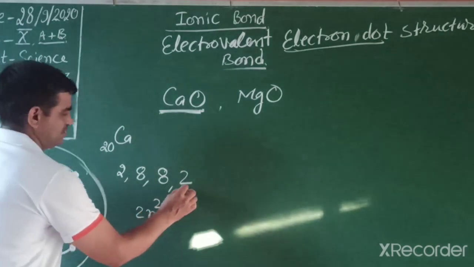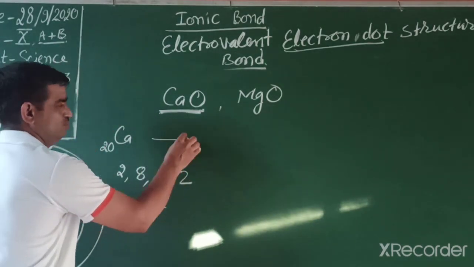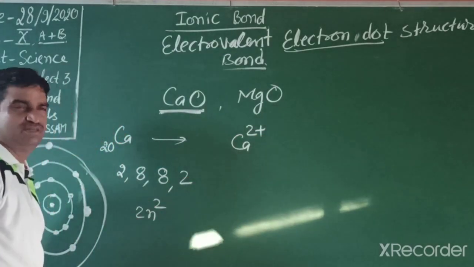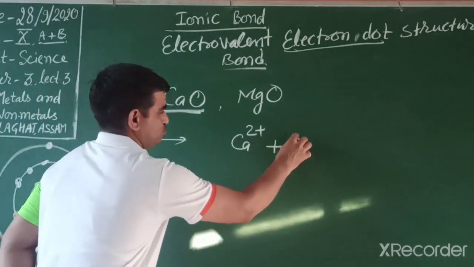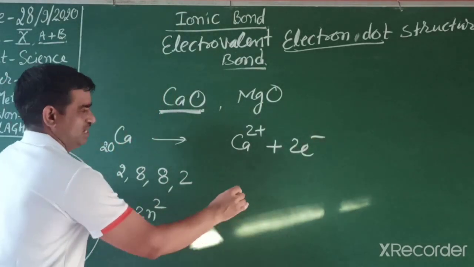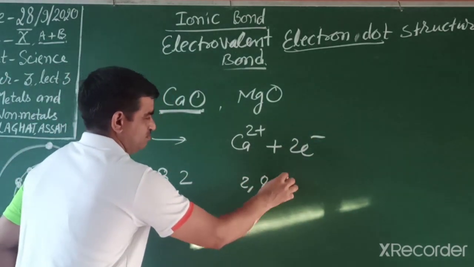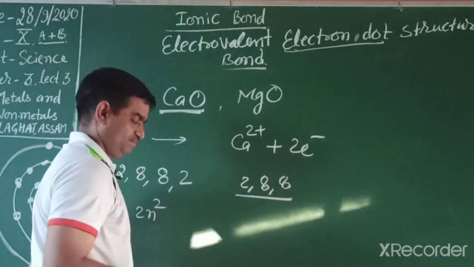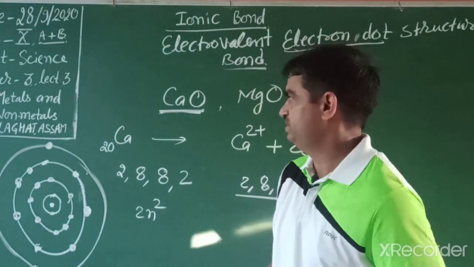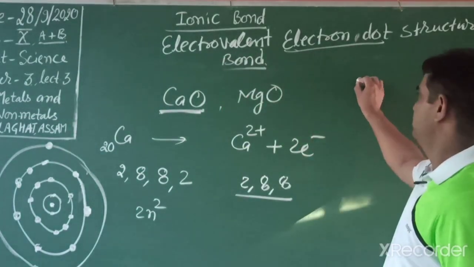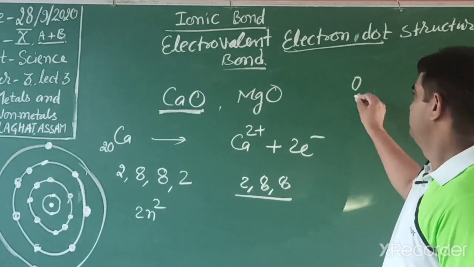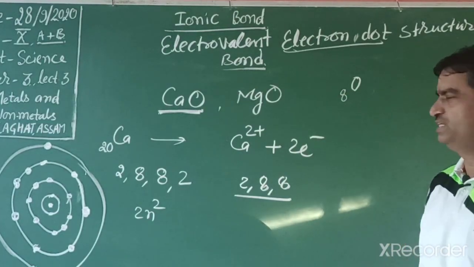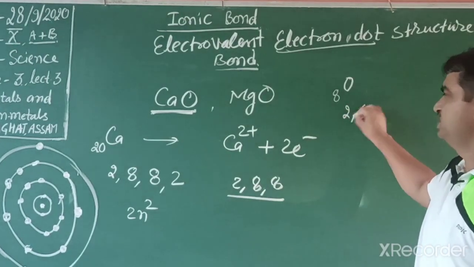So now the last shell has only 2 electrons. It loses the 2 electrons and changes into a calcium ion, calcium 2 plus, and having lost 2 electrons, it converts into the argon configuration. Why? Because argon has a stable configuration. Now oxygen: what is the atomic number of oxygen, students? The atomic number of oxygen is 8. Write the configuration first: 2 and 6.